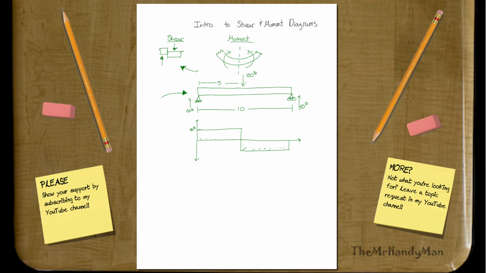One thing to note: for every simply supported beam, the shear will always end up at 0. So just use that as a checkpoint for yourself. This shaded area indicates the shear.